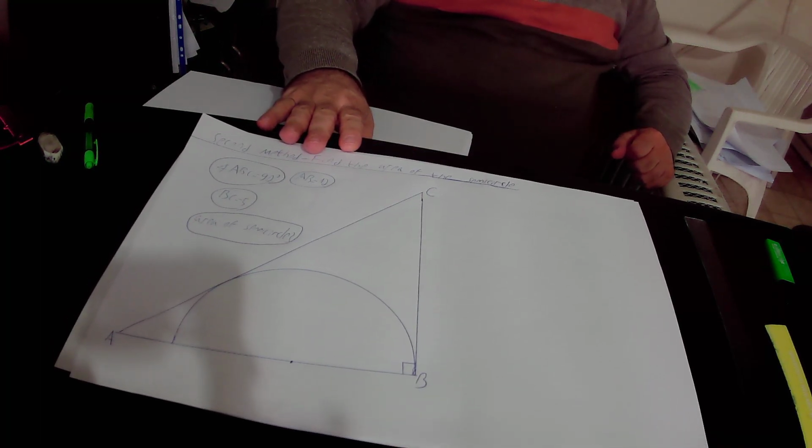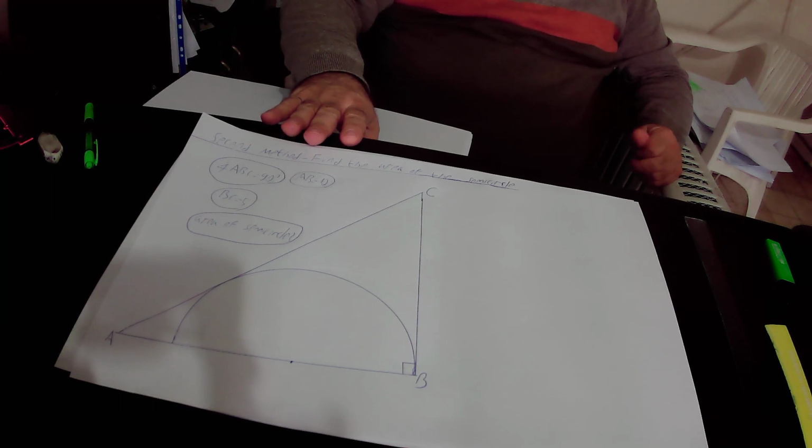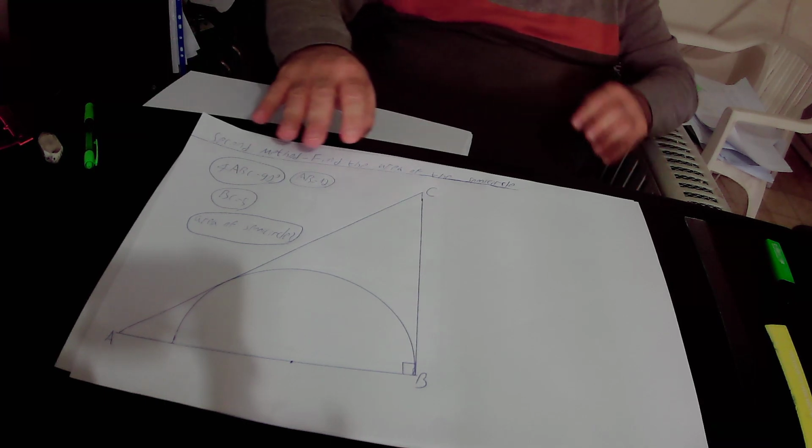In the third method, we will do a construction. We will actually draw a mirror image.